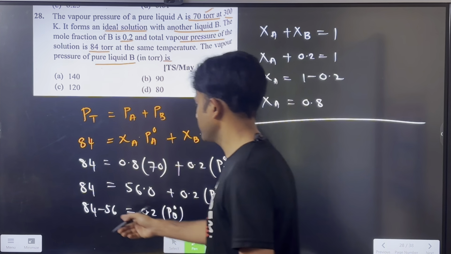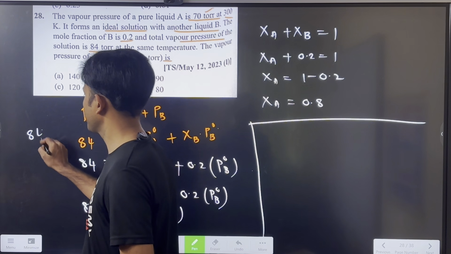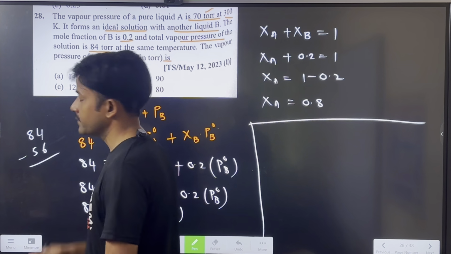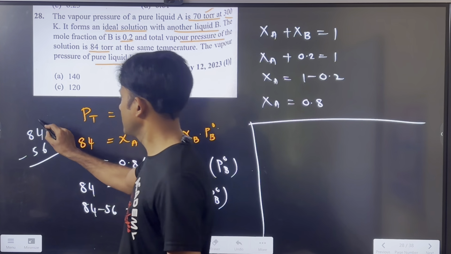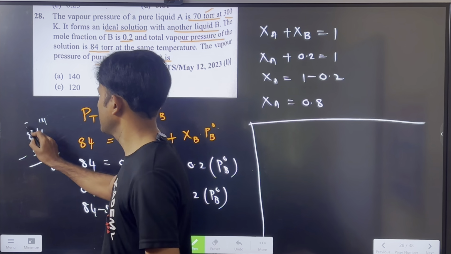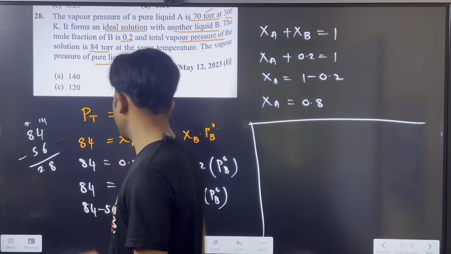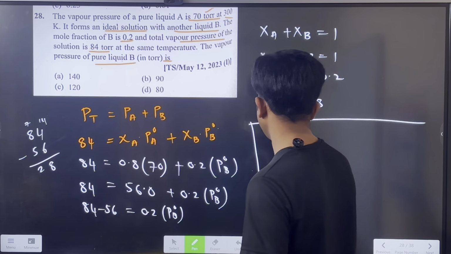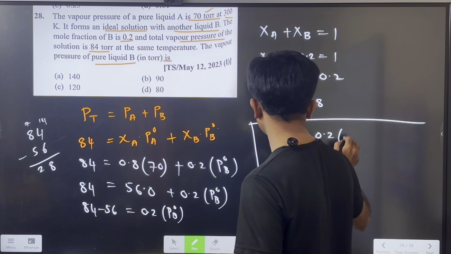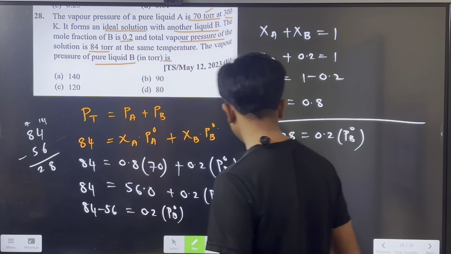What is the value of 84 minus 56? 14 minus 6 is 8, 7 minus 5 is 2. That is 28. So 28 equals 0.2 into the vapor pressure of pure liquid B.